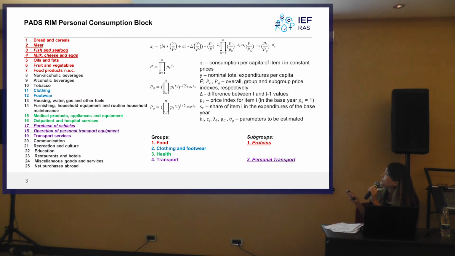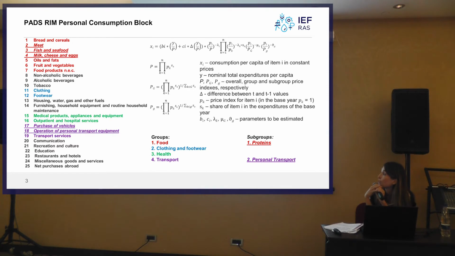We should estimate this system and find the unknown parameters B, C, lambda, mu, and nu. The problem is the too short time period for estimation, only from 2011 to 2016, just 6 years. This is because of the transition of national accounts from SNA 93 to SNA 2008.